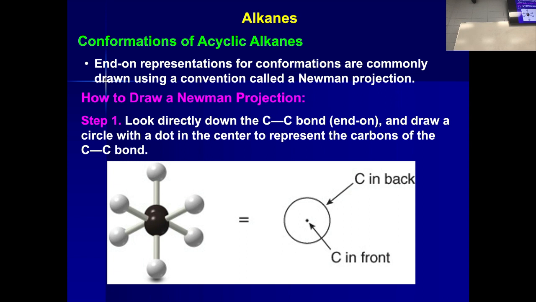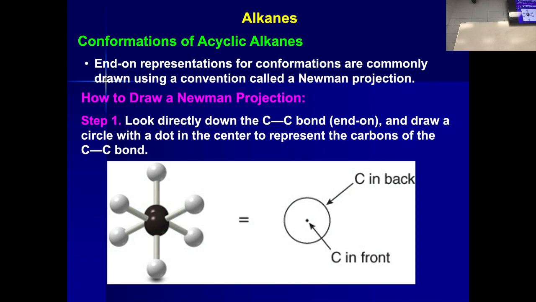Where do we start? We're going to start with the back carbon, right? Okay. I've got the red sphere going up, and I've got the two sticks coming down. Then I've got my front carbon, and kind of going over here is my white sphere.